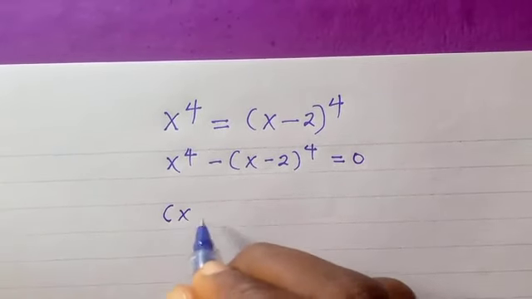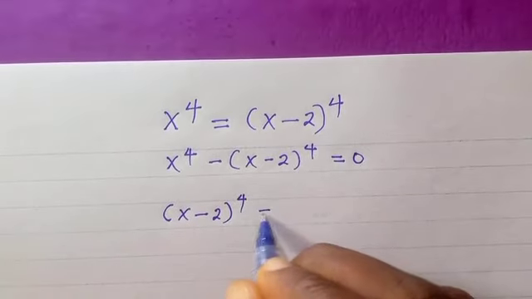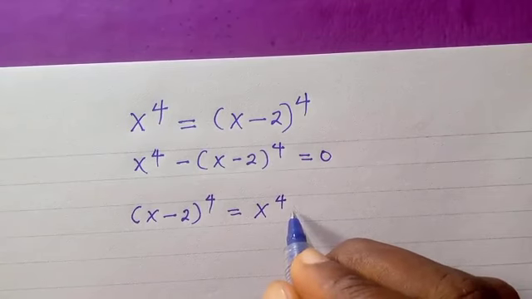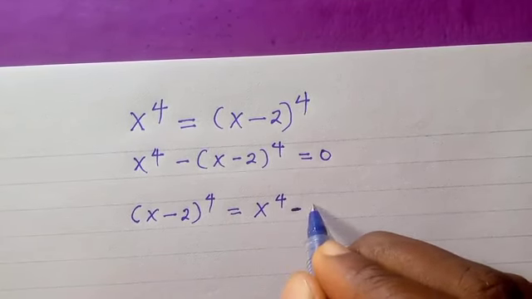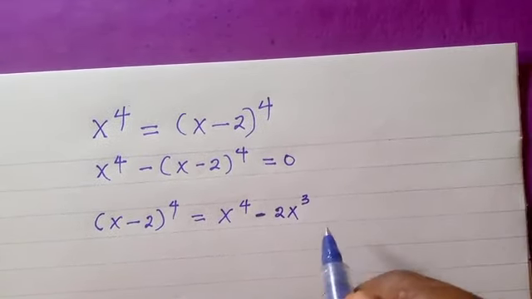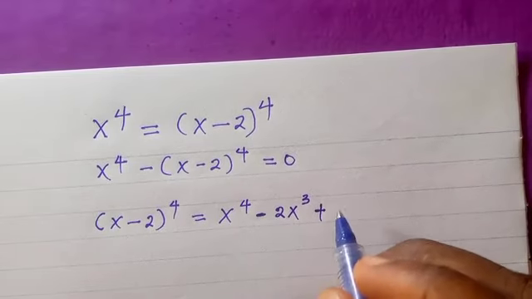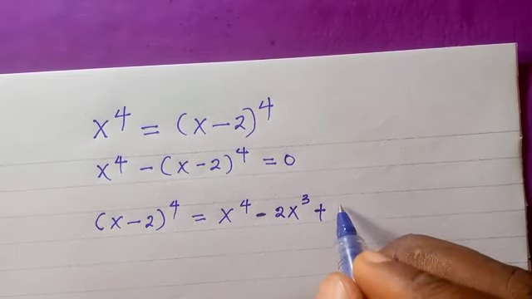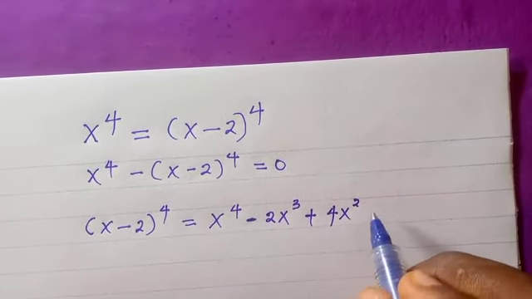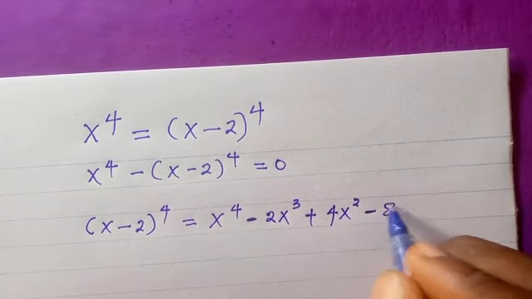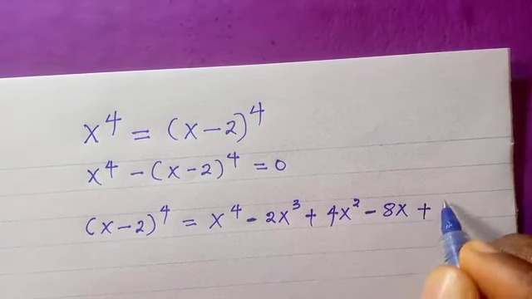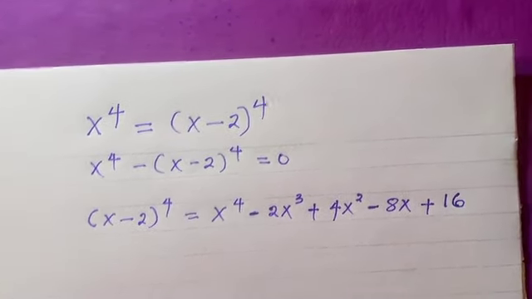The expansion of (x minus 2) to the power of 4 is given as x to the power of 4, minus 2x to the power of 3, plus 4x to the power 2, minus 8x to the power of 1, and the last one is plus 16.